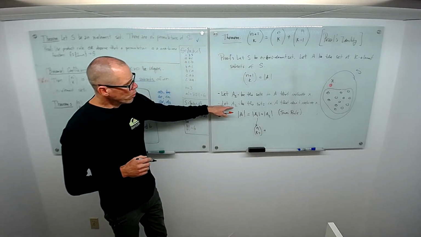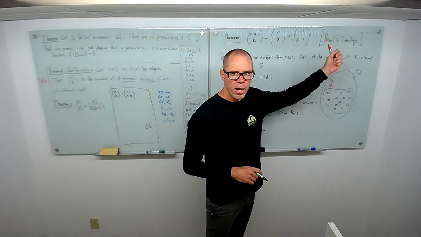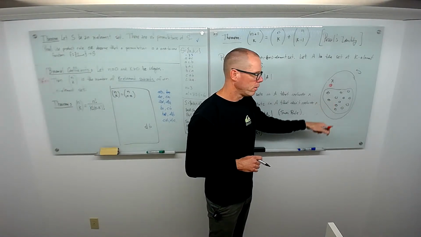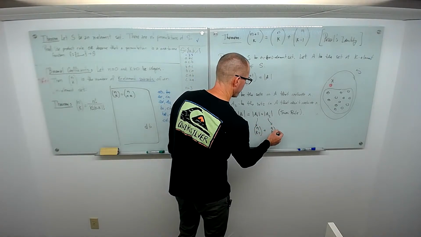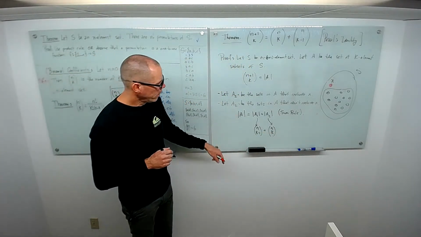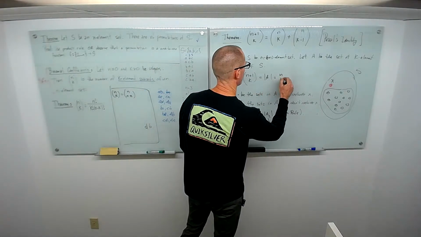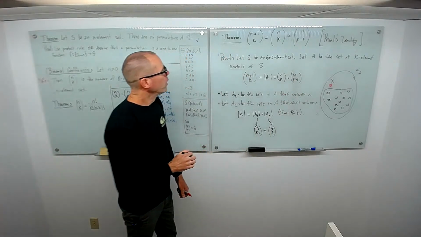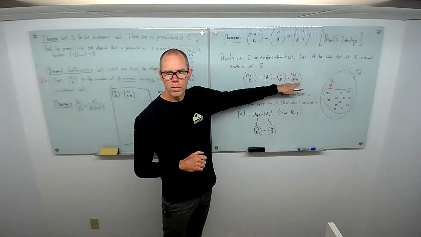To get something from A2, I don't pick X. Instead, I choose all k elements from the non-special ones. That means the size of A2 is n choose k. So the size of A is n choose k minus 1 plus n choose k. Thus n plus 1 choose k is n choose k plus n choose k minus 1.